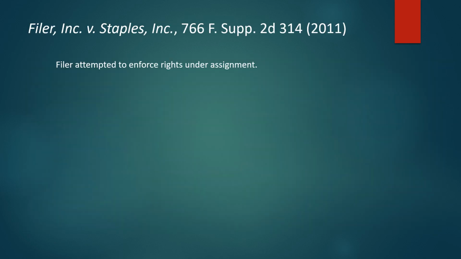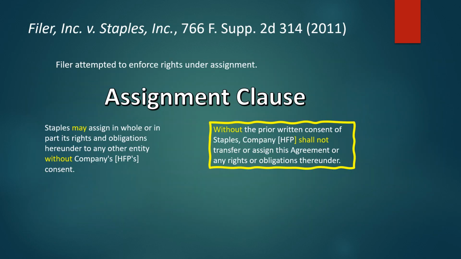Filer attempted to enforce the rights, but the problem is herein. The original contract between HFP and Staples said that Staples could assign in whole or part its rights and obligations without HFP's consent, but on the other side, HFP needed the consent of Staples to assign or transfer any of its rights or obligations.